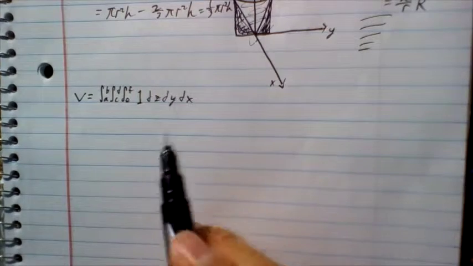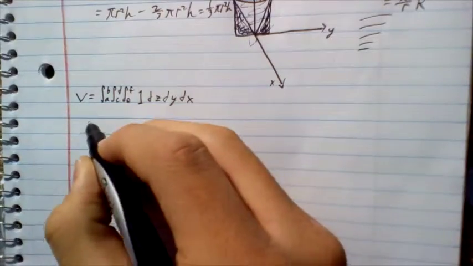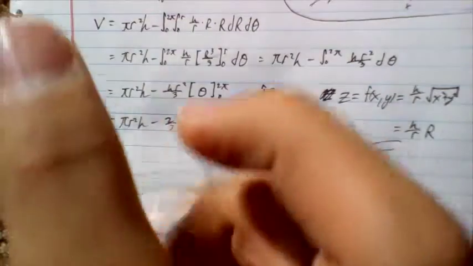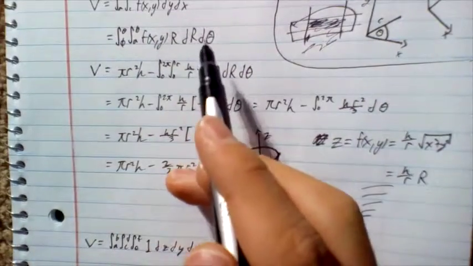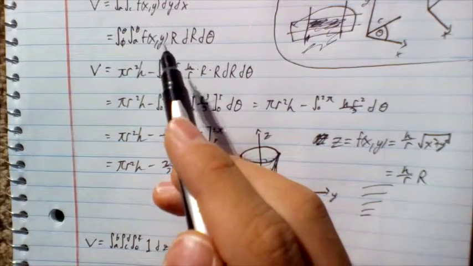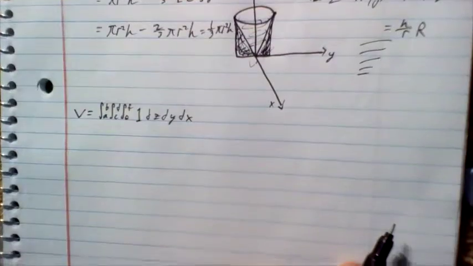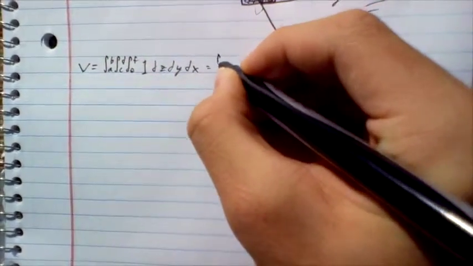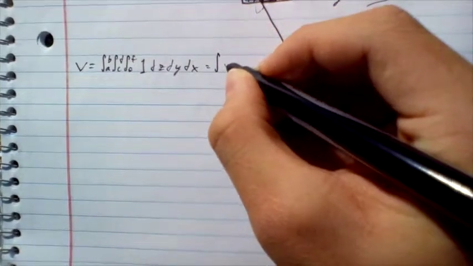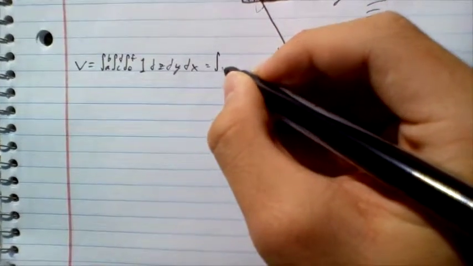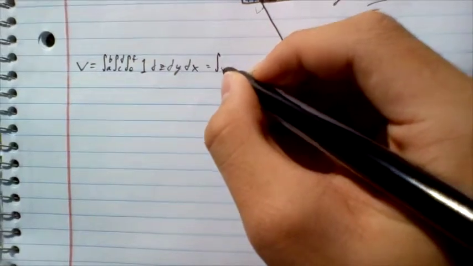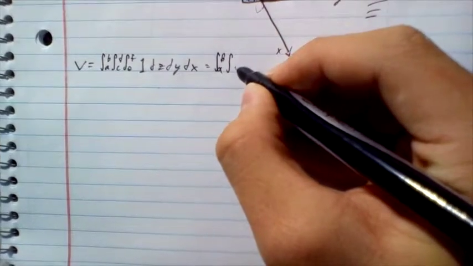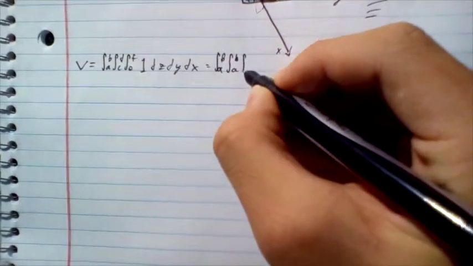Okay, so if we want to put this in cylindrical coordinates, similar to the fourth approach, where instead of dr d theta we had to write cap R d theta, this is going to be equal to, in cylindrical coordinates, the integral from alpha to beta of the integral from a to b of the integral from c to d.